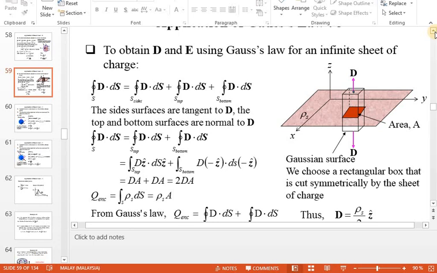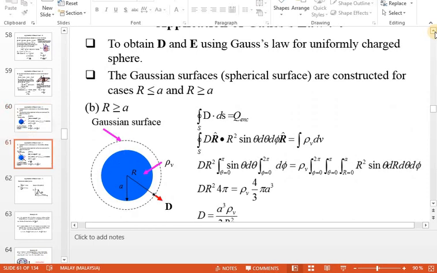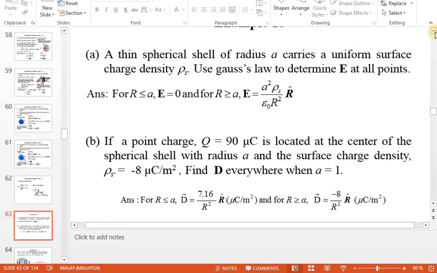That's why I let you try so many times. Even though you already know the answer, can you try? For R less than A, why is the E 0? Any idea? No. Okay, 10 minutes, let you try this one.